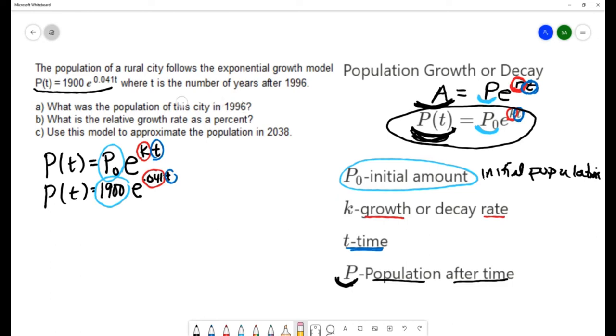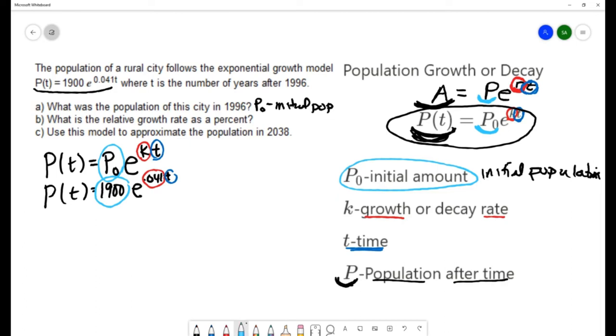So in this first question, it says, what is the population of the city in 1996? This model begins in 1996. So this is asking for what is P naught? What is the initial population?